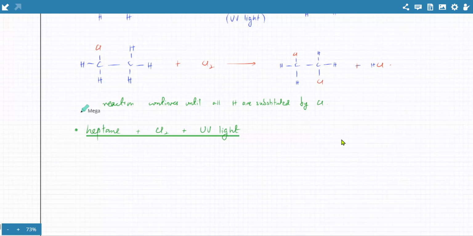So I'm just going to draw C7H16, and I'm reacting it with chlorine. Now one of the hydrogens is going to get substituted, so it's going to become C7H15Cl, one Cl, and the H that gets knocked out is going to produce HCl.